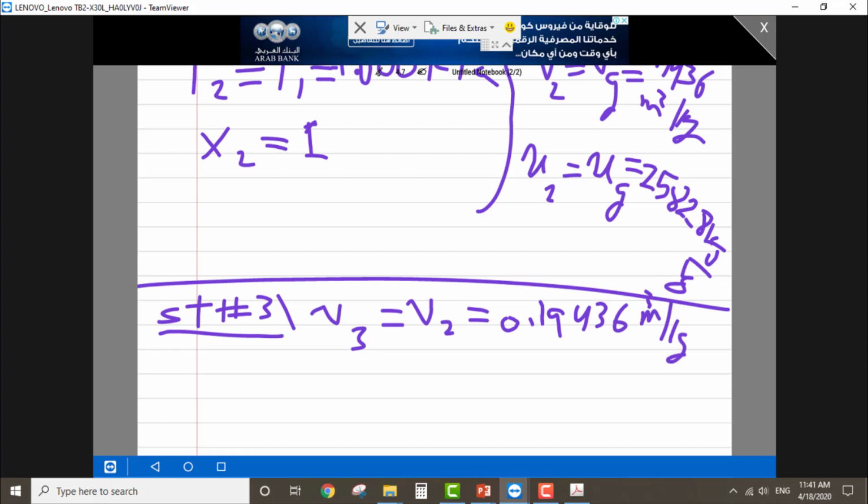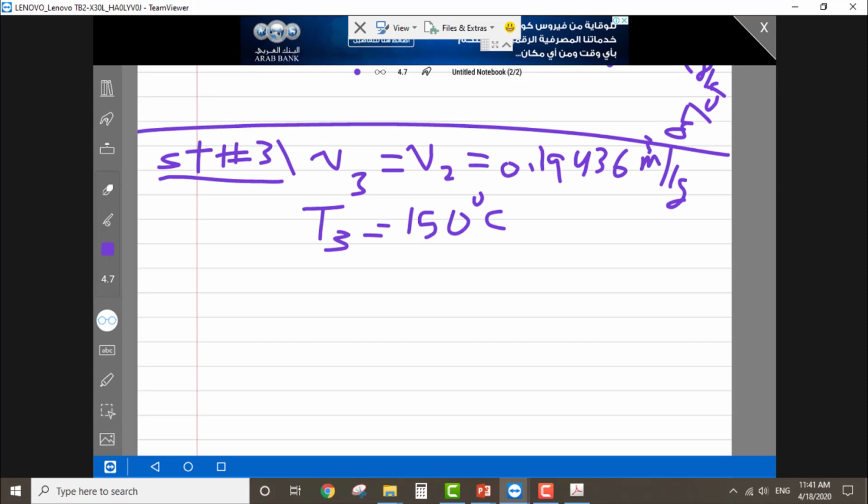Okay, and the corresponding temperature is 150. So T3 equal 150 degrees Celsius. So what to do?